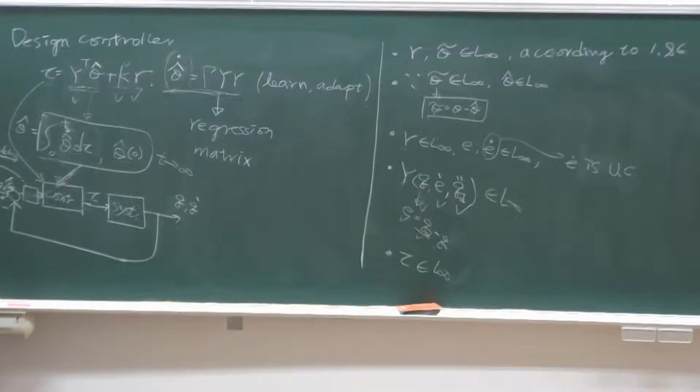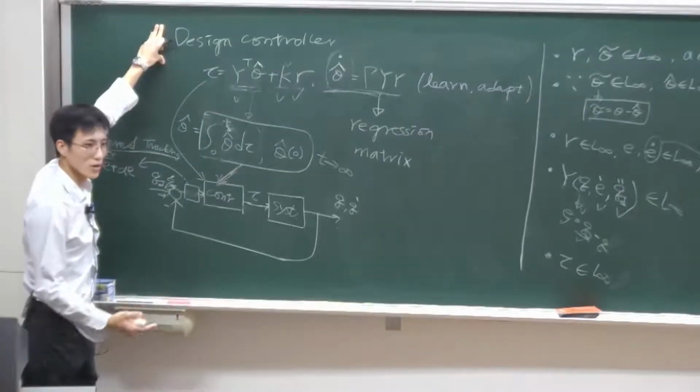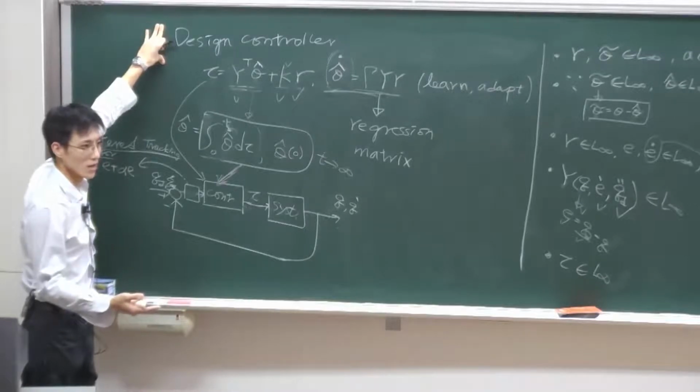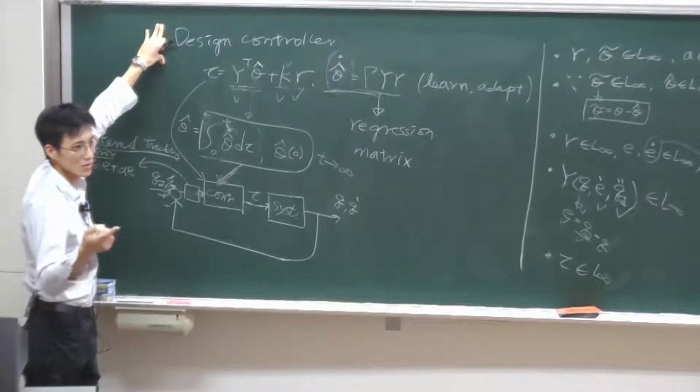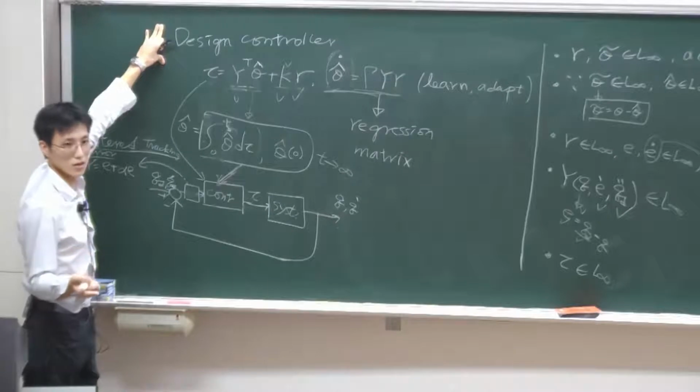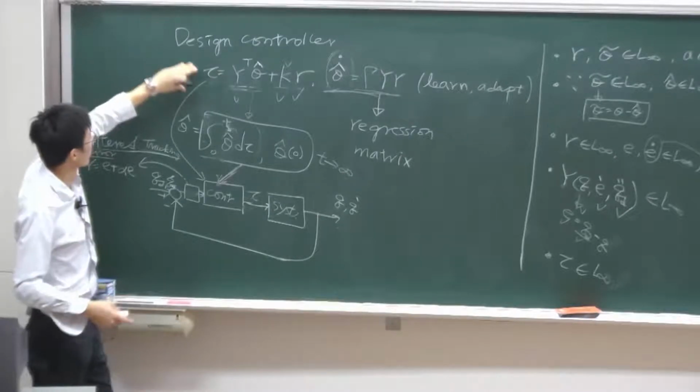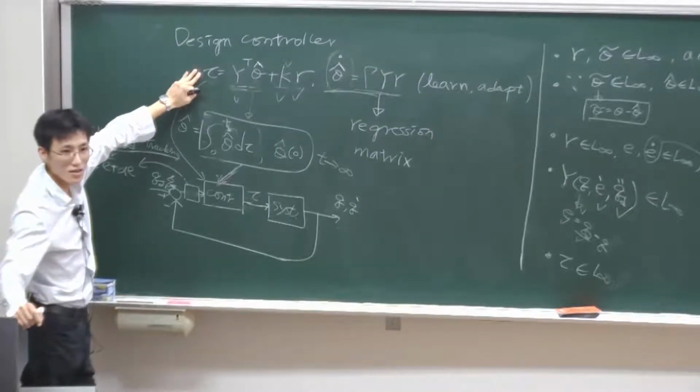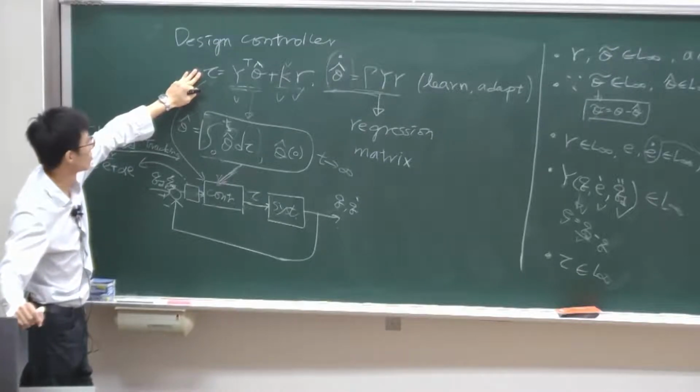Do you see how powerful the Lyapunov function is? Originally the problem was I give you open loop dynamics, M q double dot plus so on, equal to torque, and you design the torque as this. And remember, the dynamics is nonlinear, so you don't know the solution.